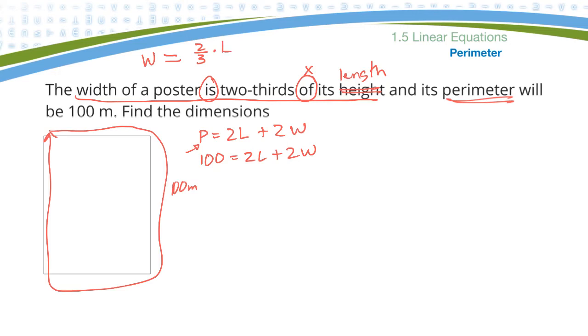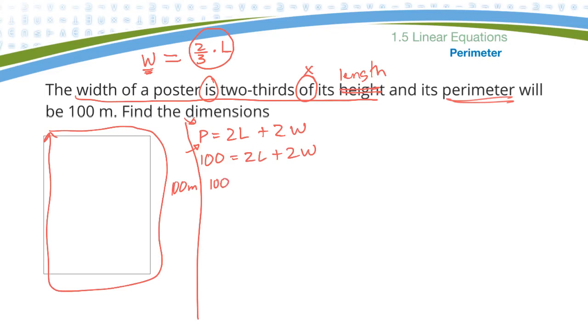Okay, so if I'm wanting to find these dimensions, what I can do is take this value here and plug it in wherever I see a W in this equation down here. So, let me just draw a line here. That 100 is bothering me.